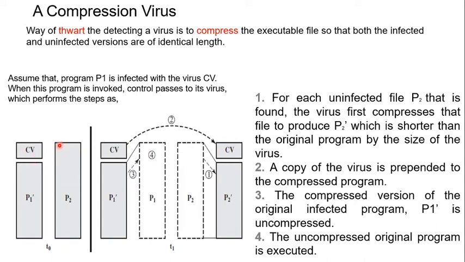No, because CV is not at the beginning; the virus is not part of your actual file, which is P2. So I say P1 is affected, because the P1 file begins with the computer virus code, whereas P2 does not begin with the computer virus code.